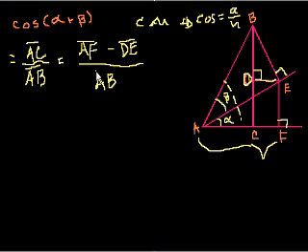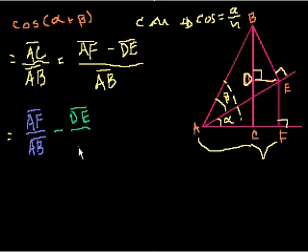And then, of course, I'm going to switch to some different colors, we can rewrite that as AF over AB, and we switch to maybe green, minus DE over AB. So we have now AF over AB minus DE over AB. And those are kind of nonsensical ratios to me.